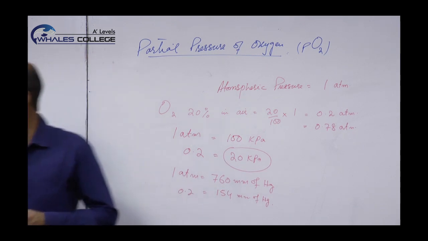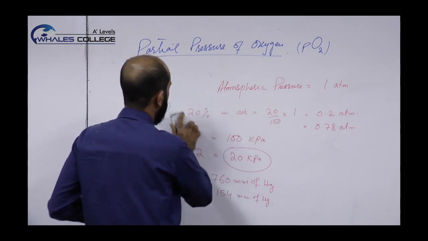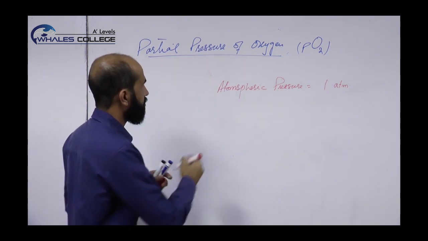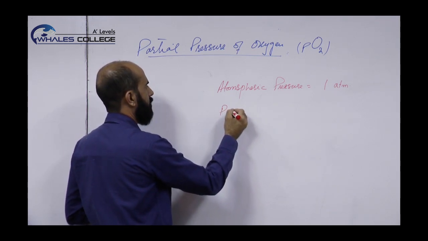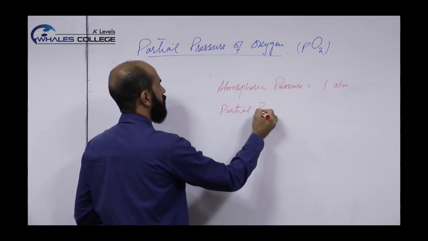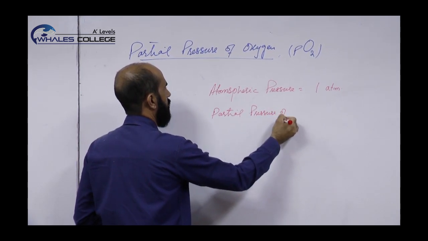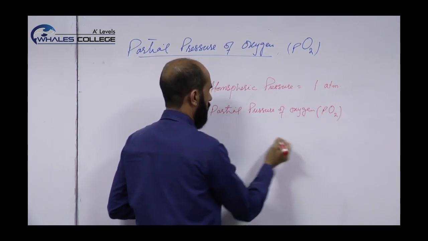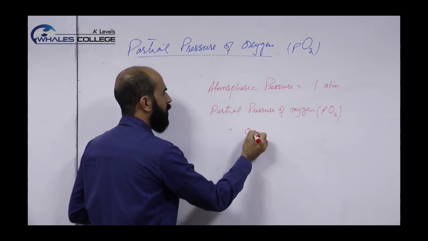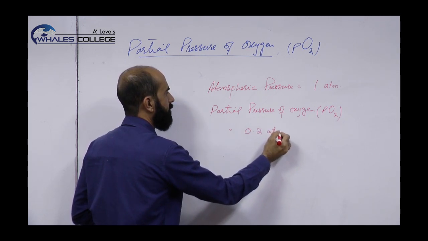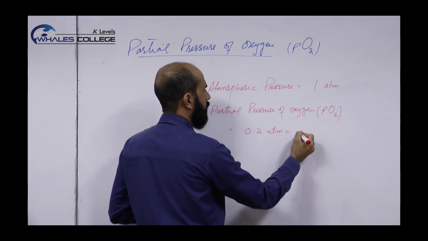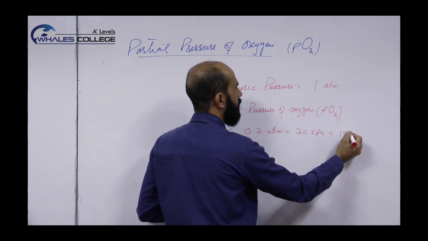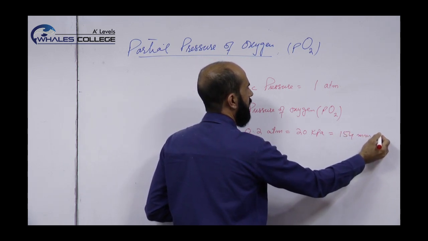So the sum, we say like all these calculation means that partial pressure of oxygen, that's PO2, is always equal to 0.2 atm, which is equal to 20 kilopascal, which is equal to 154 mm of Hg.